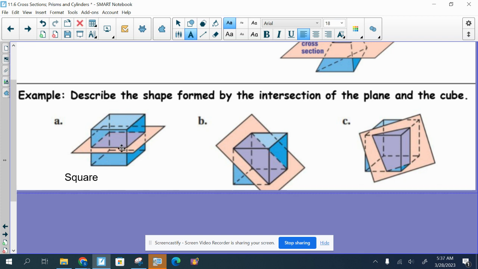This looks like it's parallel to the base, which means the base is a square, then the cross-section is a square. This one's a rectangle. And then this one, if you look carefully, this is going to be parallel to this, and this looks like a trapezoid. It's a trapezoid.